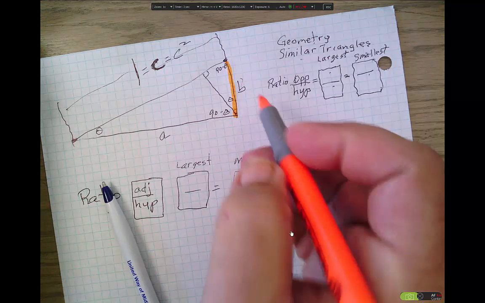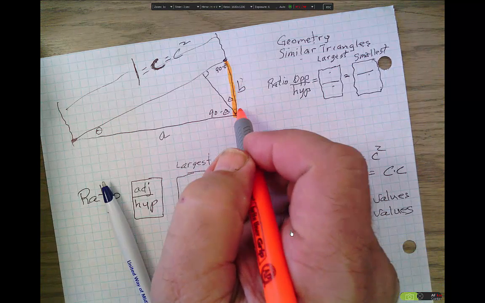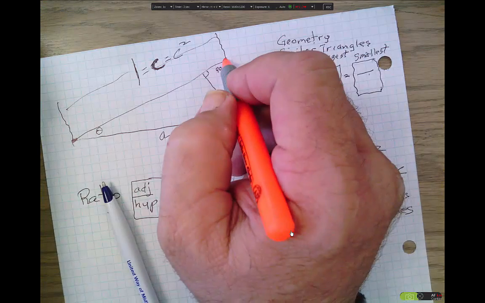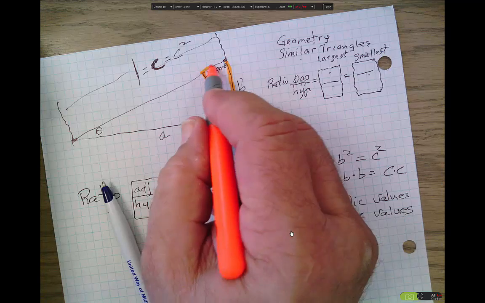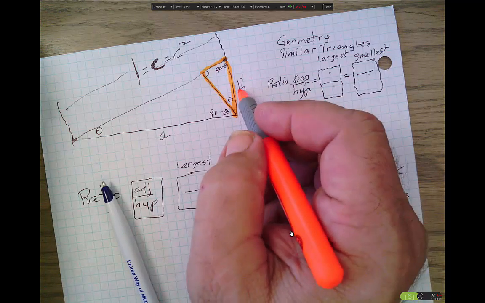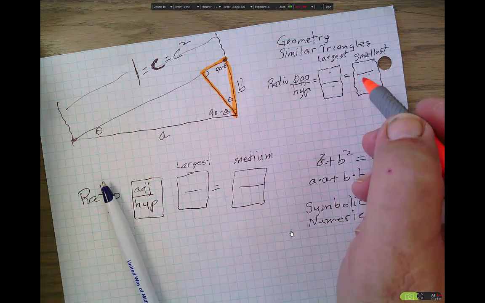This side right here is the hypotenuse of this smallest triangle. So let's look and see where that would fit inside of this framework here.